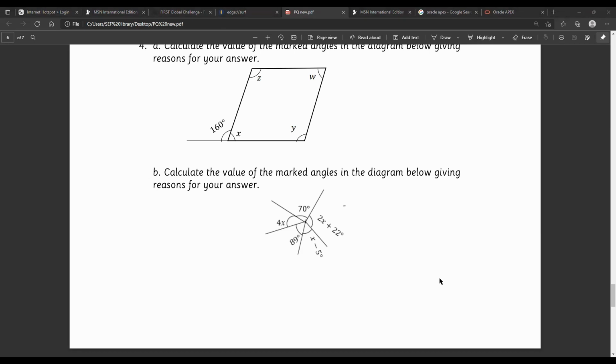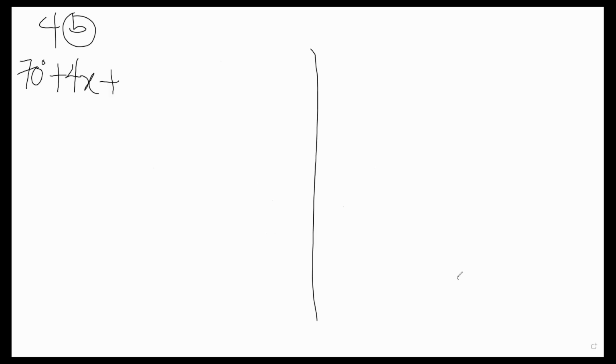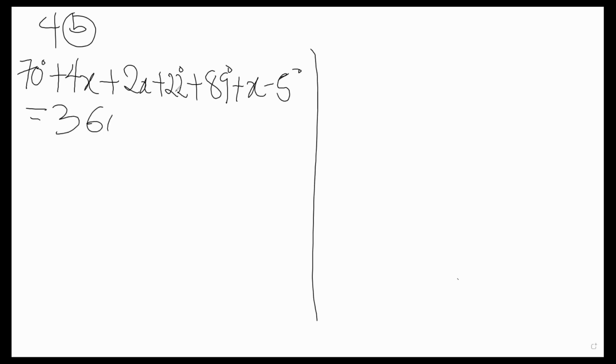So let's try and solve that particular question. We have that 70 degrees plus 4x plus 2x plus 22 degrees plus 89 degrees plus x minus 5 degrees are all equal to 360 degrees.